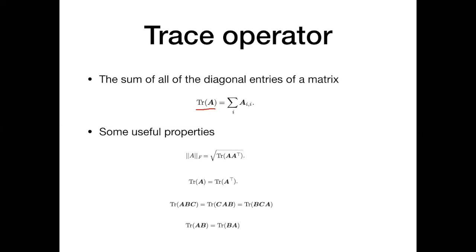So the trace operator is sometimes pretty useful for us to write very elegant and concise expressions, because it has some very useful properties, like the Frobenius norm of matrix A is just the square root of the trace of A multiplied by A transpose, and the trace of A is equal to the trace of the transpose of A, and also the trace of AB is equal to the trace of BA.